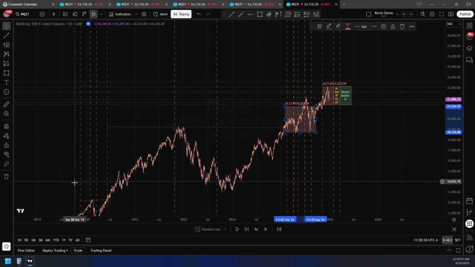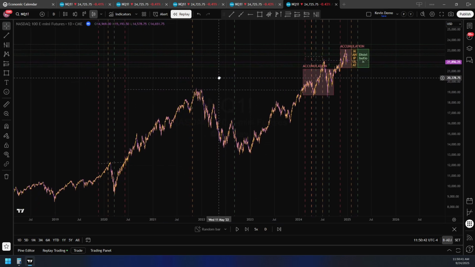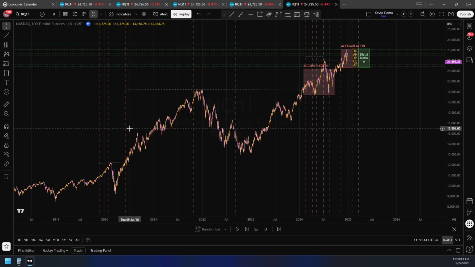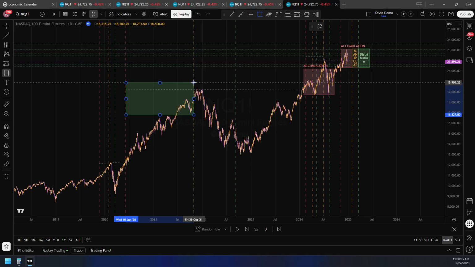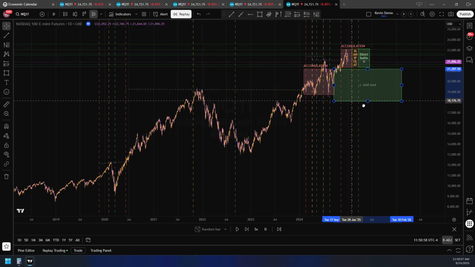And look how big this time frame is. It's massive. So at this scale, an accumulation is large. If this is the size of, here, an accumulation on this scale is, let's say, about that big.